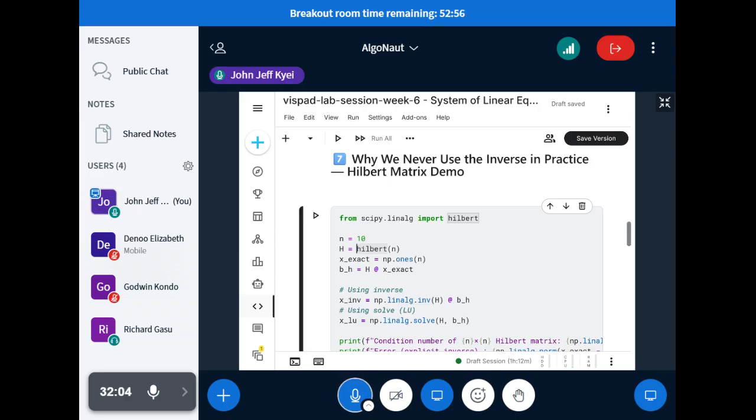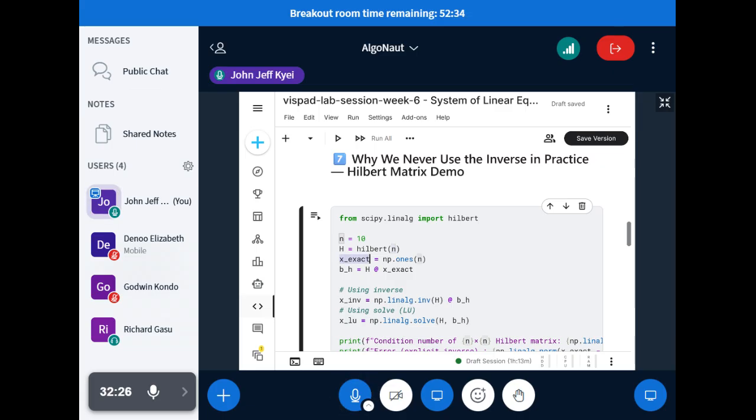SciPy has a function that when you just call hilbert is going to generate a Hilbert matrix for you. All you have to do is specify the rows and columns. That's what we did over here. All right. So n is just the number of rows and columns, and then we choose the exact solution. We are constructing a system with a known solution, right?